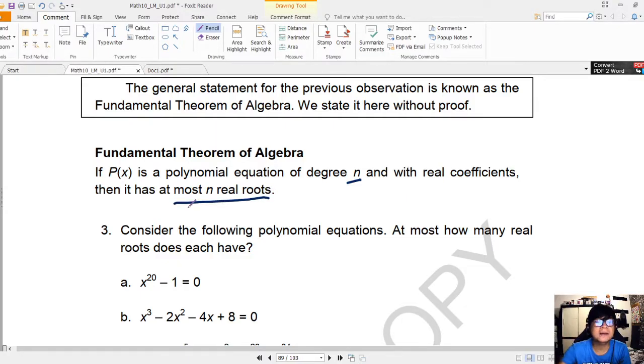Ibig sabihin, yung number of real roots is pwede siyang, at most man siya. So, ibig sabihin, yun yung pinaka-maximum na number of real roots, yung n, yung degree ng ating polynomial.